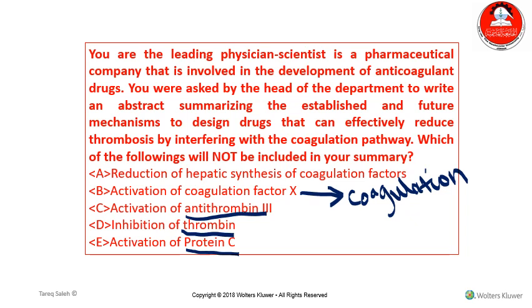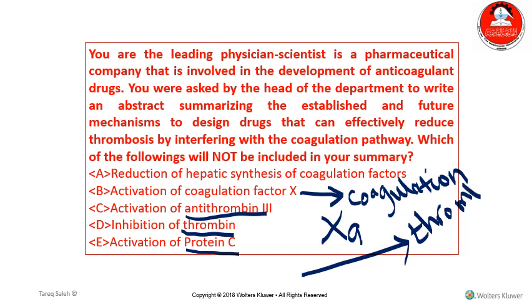Because remember that the activated factor 10, which happens as a last step for both the extrinsic and the intrinsic pathway, is responsible for the activation of thrombin, right? So activation of factor 10 will result in thrombus formation. So that mechanism will not have an anticoagulant effect. That is why it is the right choice. It should not be included as a mechanism of anticoagulation.